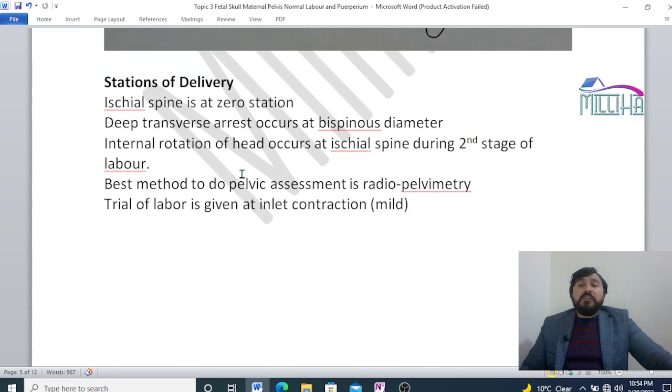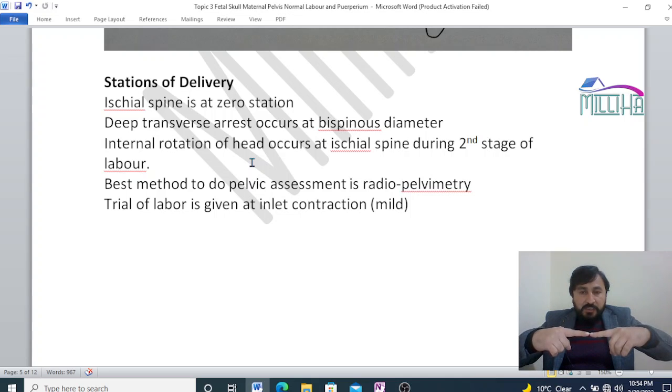Stations of delivery, ischial spine is at zero station. Okay, zero. What is station? It is when the head of the fetus is descending. During this, it comes down centimeter by centimeter. So we have to measure from the ischial spine, and we take the ischial spine as the 0 point.